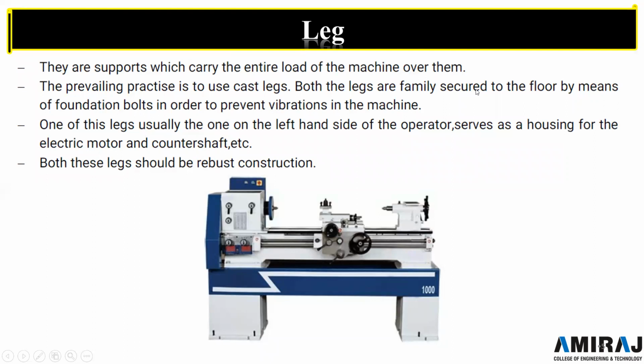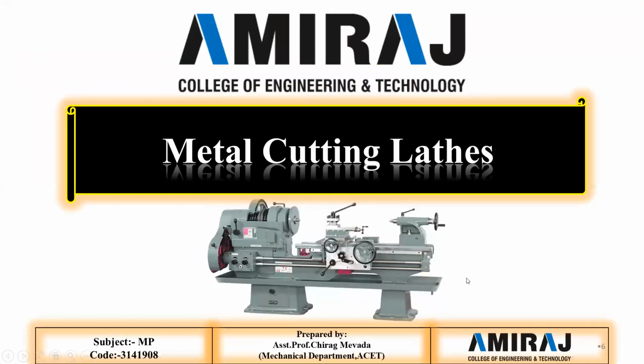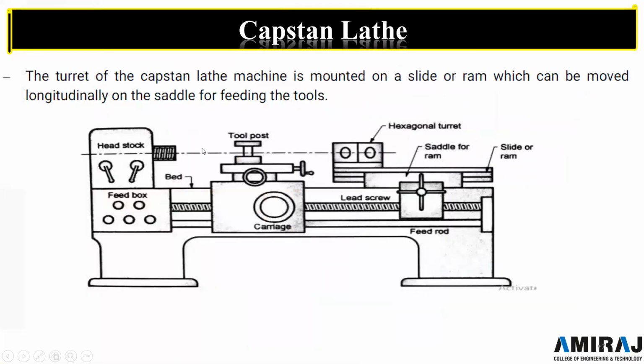Now let us see the types of lathe machine. First one is the capstan lathe. In the capstan lathe, the turret is mounted on a slide or ram which can be moved longitudinally on the saddle for feed of the tool.